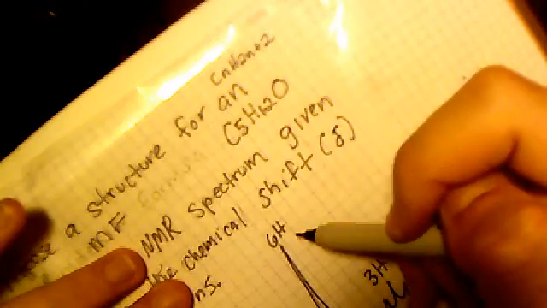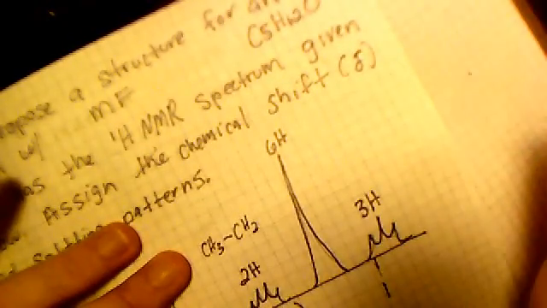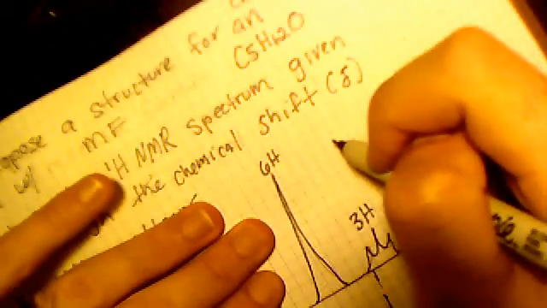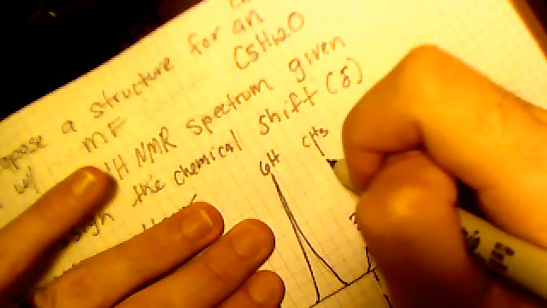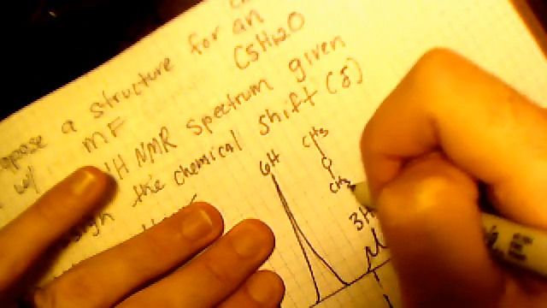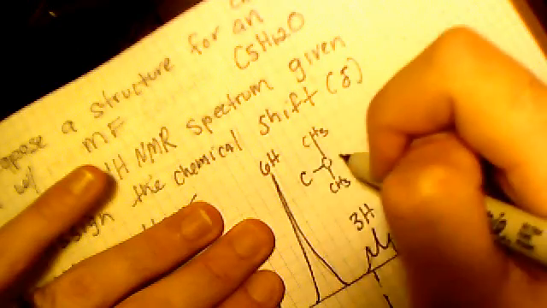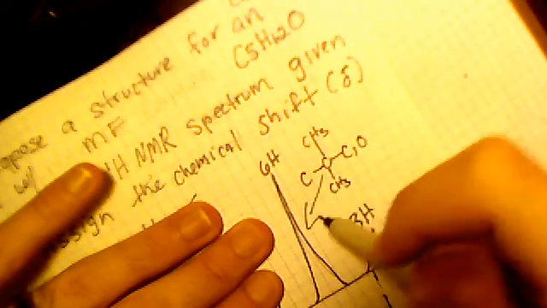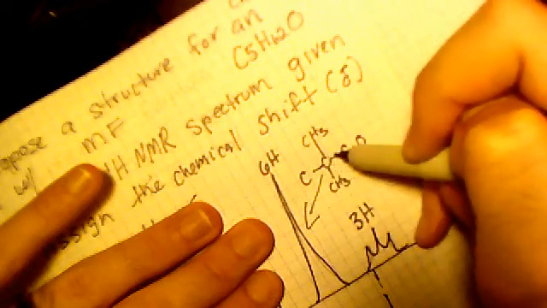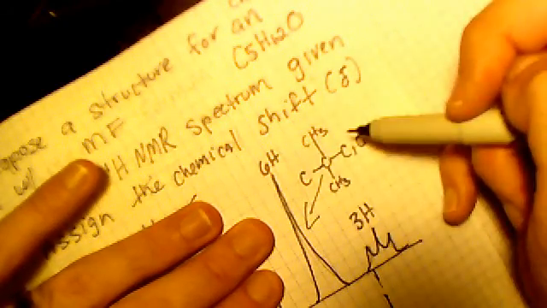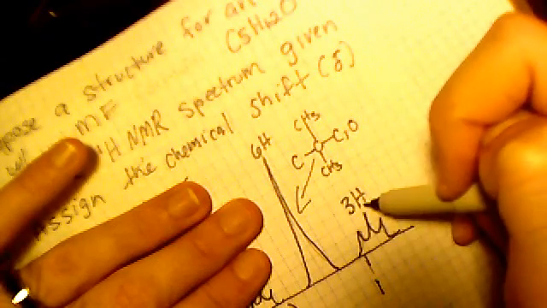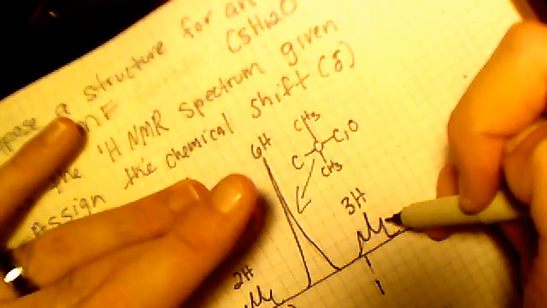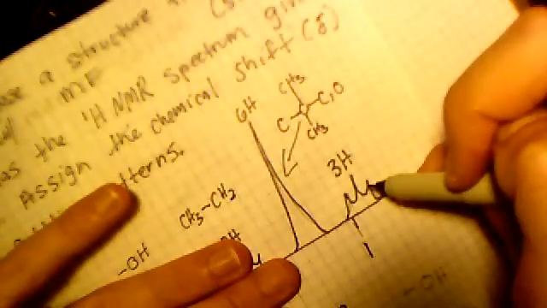Okay, so there's 6 H's, and they're not next to any hydrogens anywhere. So I said there must be a CH3 connected to a carbon, connected to a CH3, which is connected to a carbon, which is connected to a carbon or an oxygen. That was for this, because there's no hydrogens around here that would split this. And then I have the 3H. It's split into 2, which means that it's next to 2 heterotopic hydrogens.